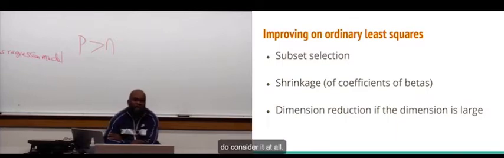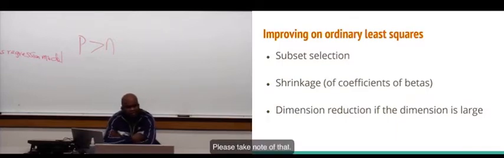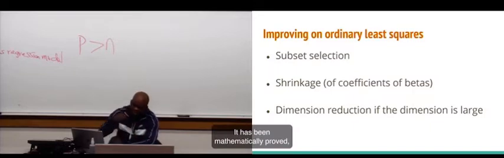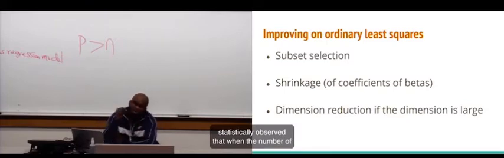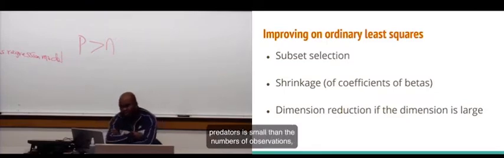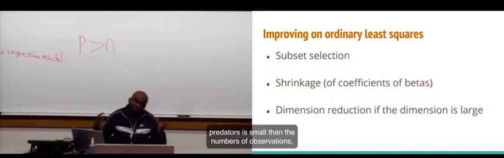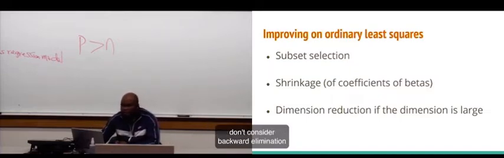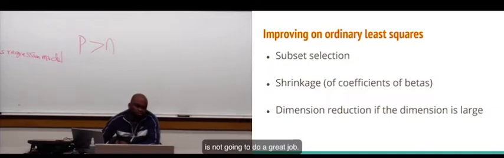Don't consider it at all. Please take note of that. It has been mathematically proved and statistically observed that when the number of predictors is more than the number of observations, don't consider backward elimination. It's not going to do a great job.